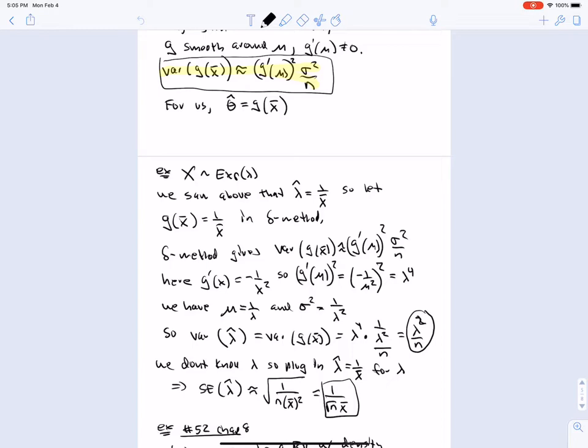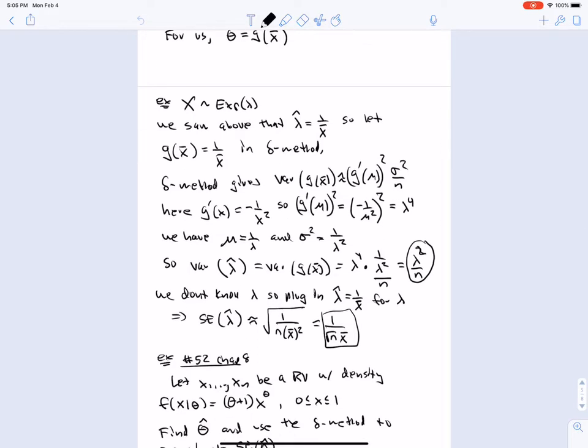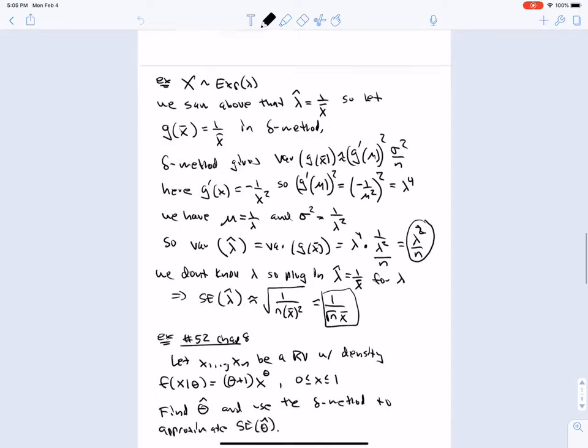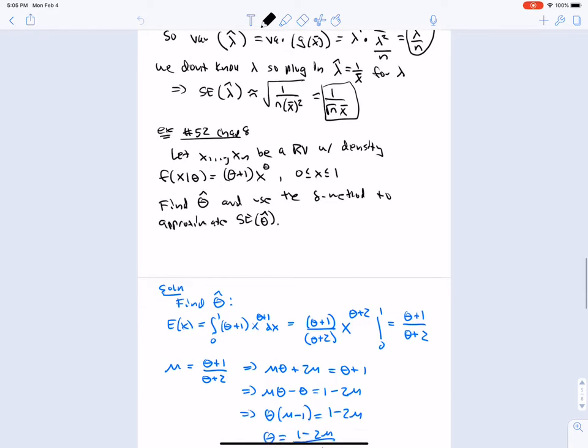Well, sigma squared is 1 over lambda squared, and you can approximate lambda with 1 over the sample mean. So this gives you the standard error of lambda hat, which is 1 over the square root of n times the sample mean.